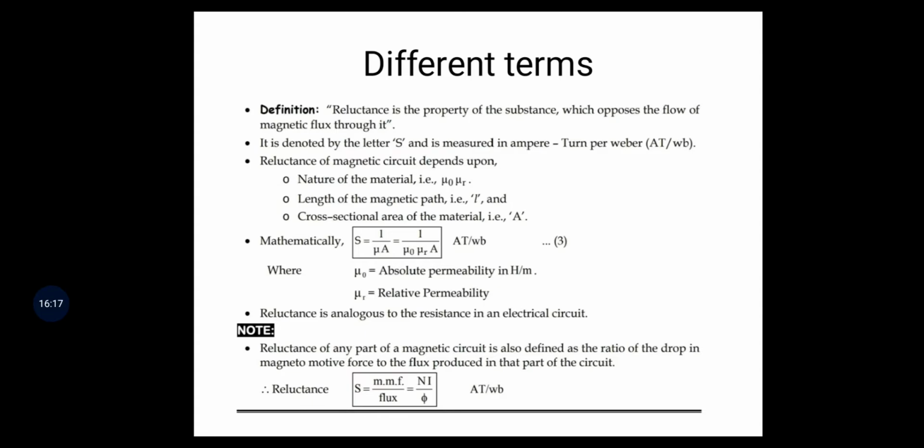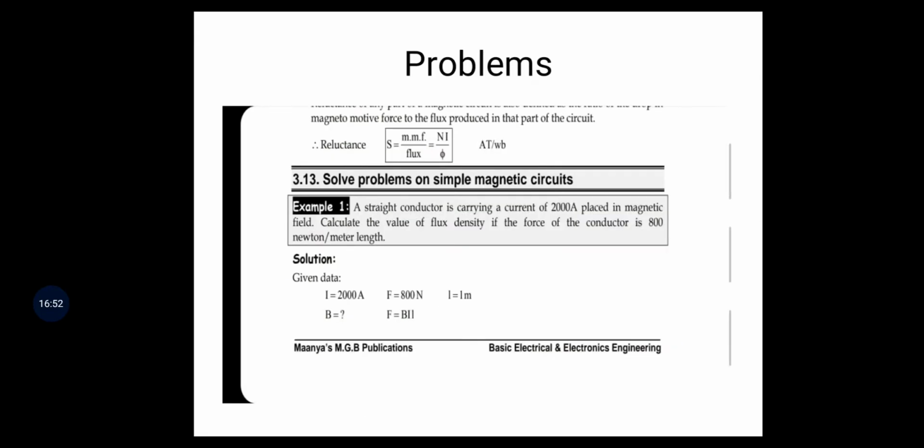Reluctance is represented with S, and its unit is ampere turn per Weber. S is equal to 1 by mu A, equal to 1 by mu naught mu r into A, in ampere turns per Weber. S is also equal to mmf by flux, that is, Ni by phi.